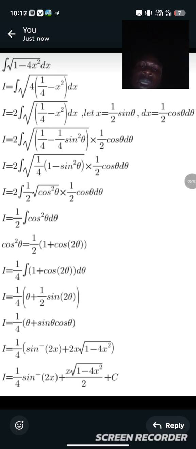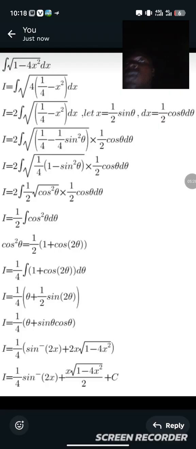So theta is sine inverse of 2x and sine theta is 2x. Before that, you know that we have cos theta here. So we can use trigonometric ratio to get the cos theta.